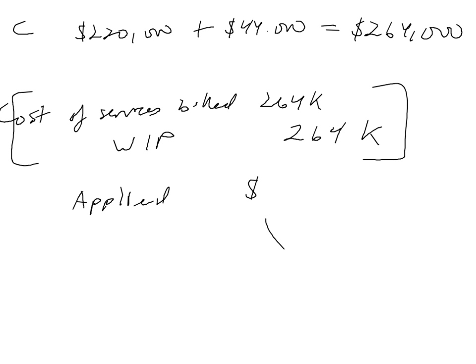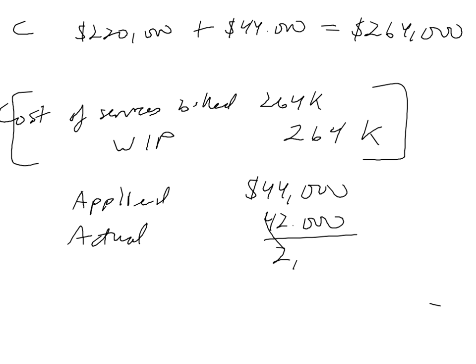So we applied $44,000, but the fact pattern tells us that actual overhead was $42,000. So we over applied by $2,000. So when we over apply, that means that our cost of services we thought was $264,000, but it was actually $262,000. So we applied a little bit too much.